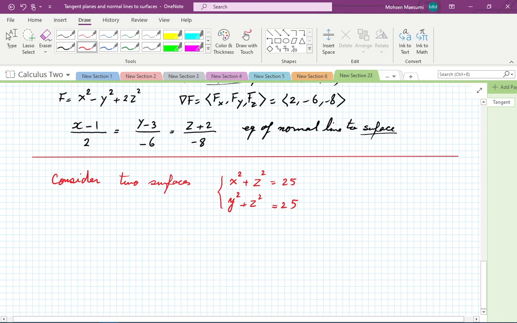Question is find the equation of tangent line to the curve of intersection of these surfaces.